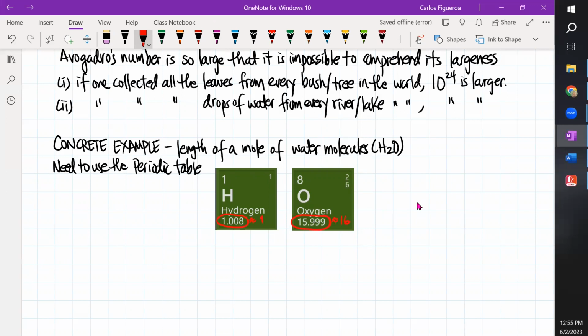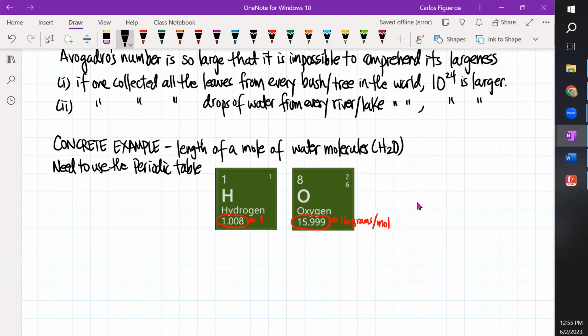So by the way, this is 16 grams per mole. So that means in 16 grams of oxygen, there is Avogadro's number of oxygen molecules.